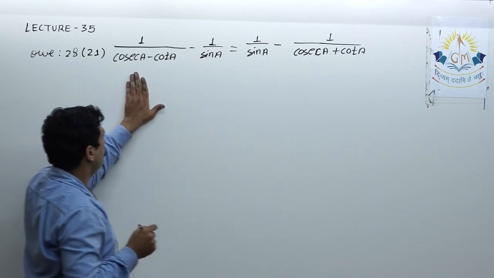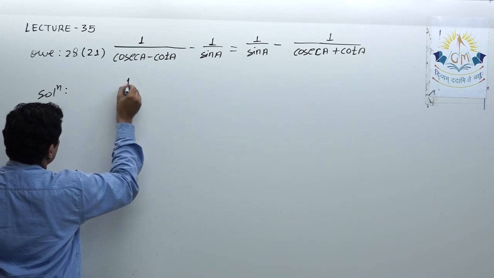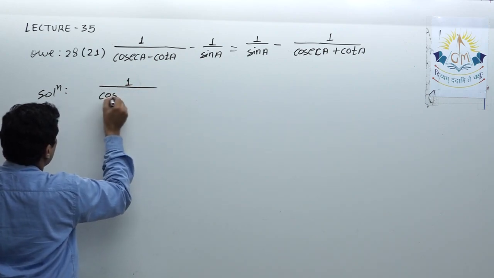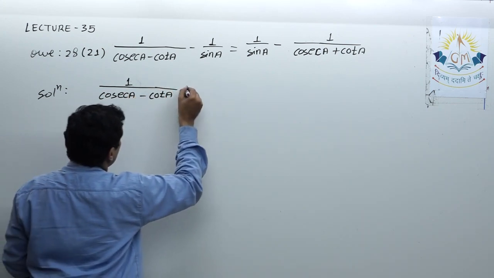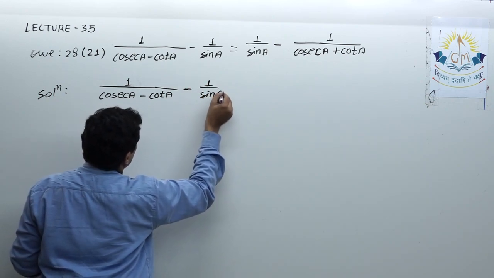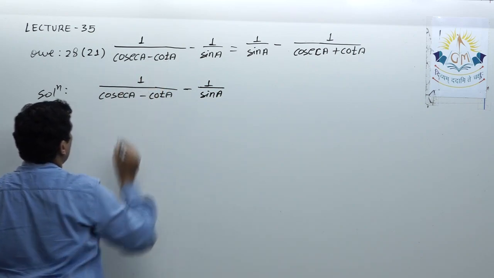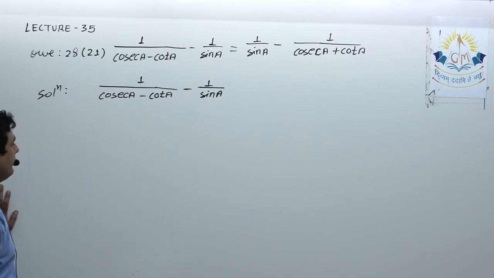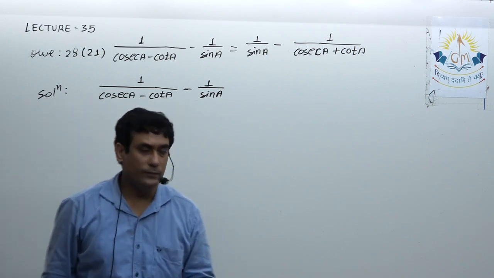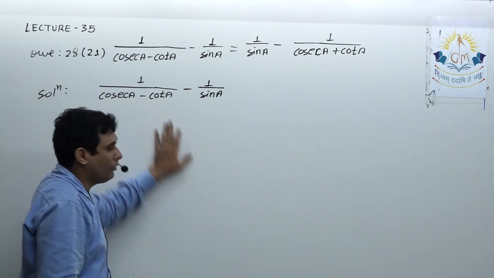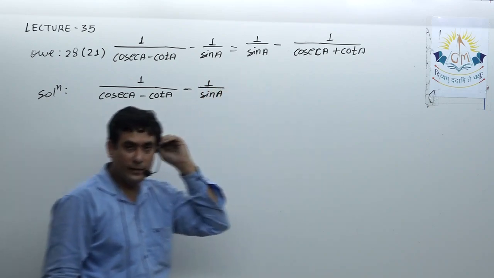See, okay. So we'll solve by left hand side: 1 upon cosec A minus cot A, minus 1 upon sin A. So one thing is that we can solve this by converting these cosec and cot in terms of sin and cos, but in that case we have to solve left hand side and right hand side separately.